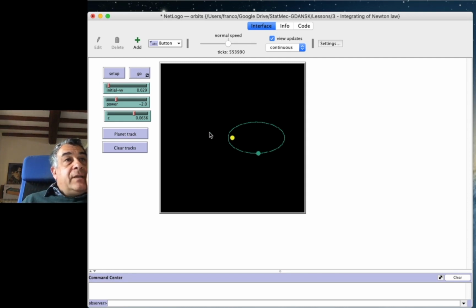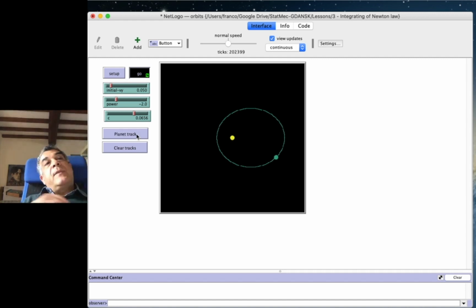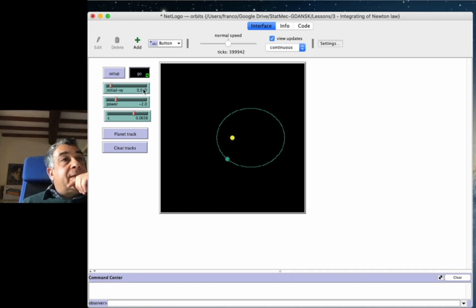according clearly on the initial velocity. So if I increase a bit the initial velocity, I can have, but not too much, because now I have periodic boundary conditions, but clearly this is not realistic. So I can increase a bit the velocity, not too much, so that I have nice ellipses around the planet.